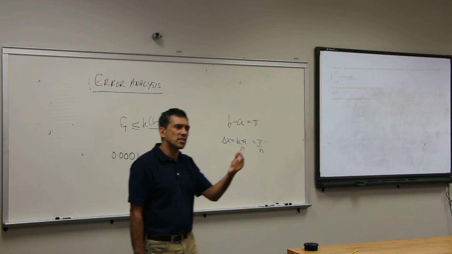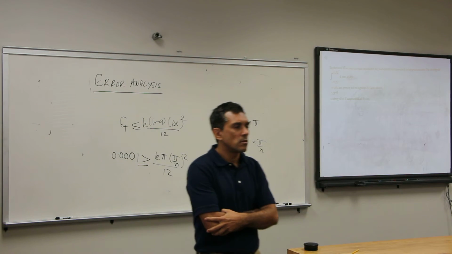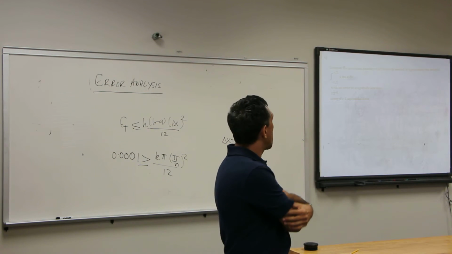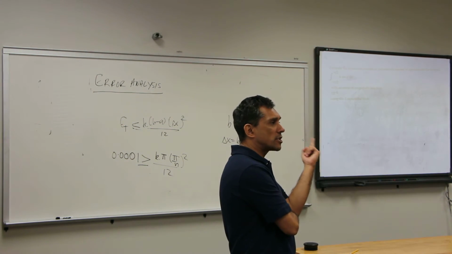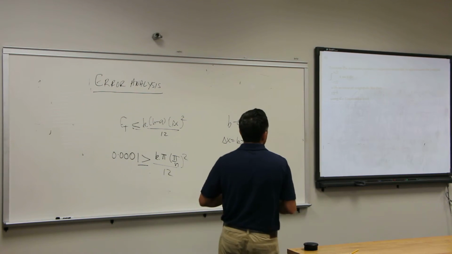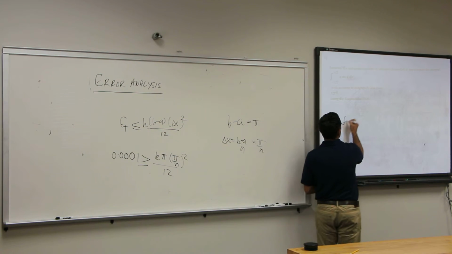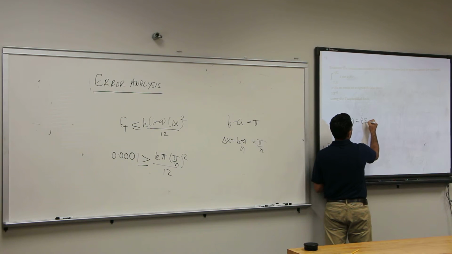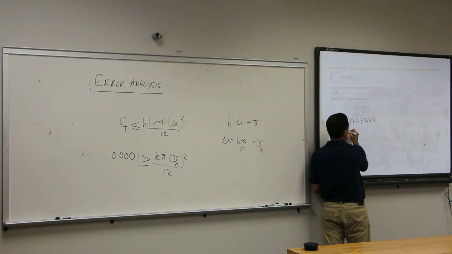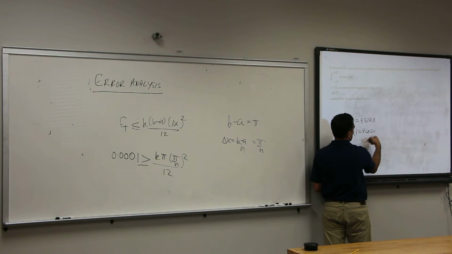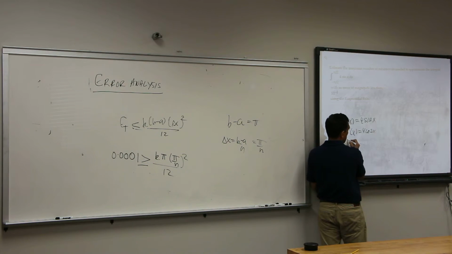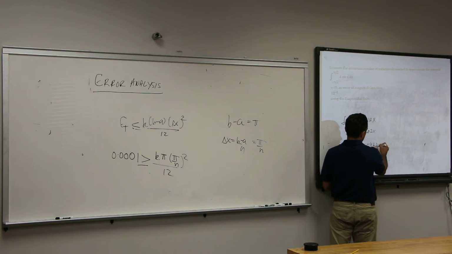So how do I find k with the trapezoidal rule? I'm going to have to differentiate what function? 4 sine x. And what is its derivative? 4 cosine x. And what's the derivative of that? Negative 4 sine x.